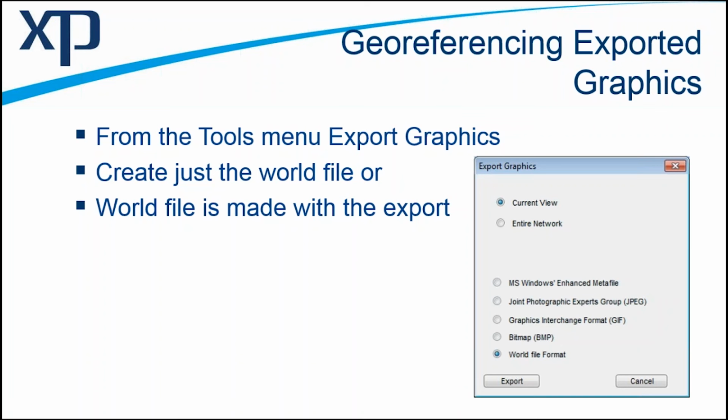Or if you have an older XPSWM file and you want to open that up and create just the world file, it's a similar functionality to QGIS, so you can actually write just the world file for any given graphics, or do it all at once. So that's a nice feature. It makes your workflow easier when you're exporting out to doing any final processing in a GIS platform.